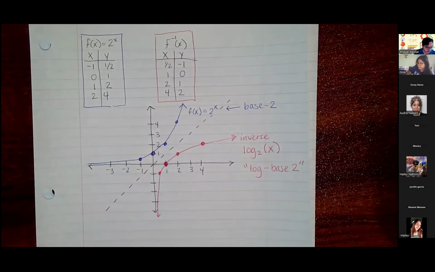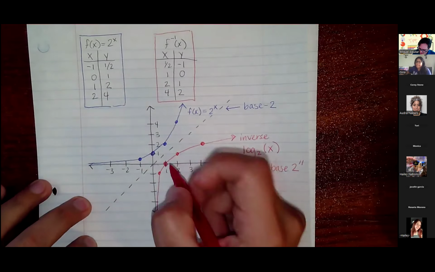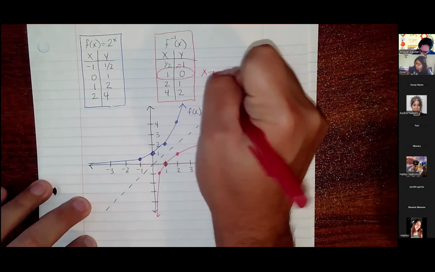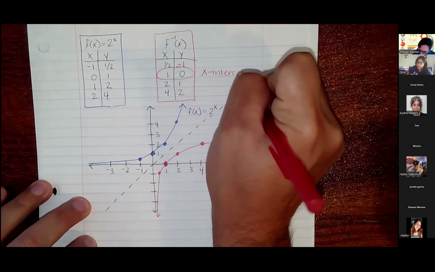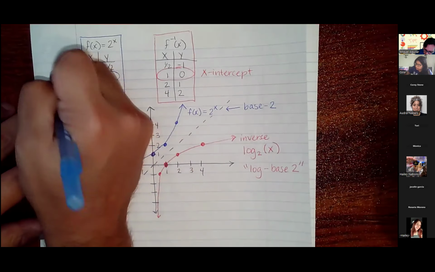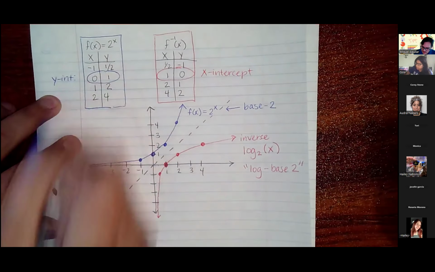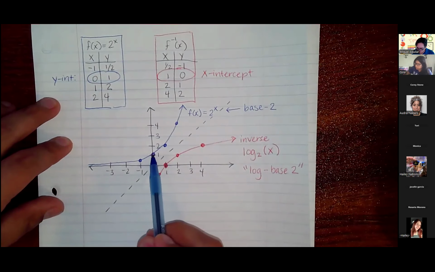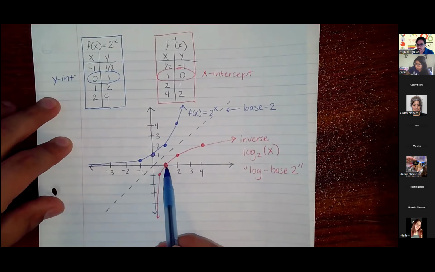Okay. Now there's also some really interesting properties now that we have reflected that original function over that diagonal line. And that is now this point here at 1, comma 0 is an x-intercept, where originally for the exponential function, that was a y-intercept. So when we flip this point over that line, it got placed onto the x-axis instead of the y-axis.